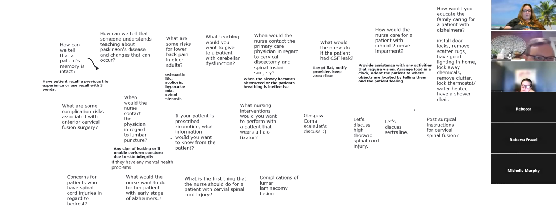So if we're thinking about Parkinson's disease, we worry about swallowing, right? Yeah, we were talking about that. Would we want to have them positioned at a certain position when they're eating so that they wouldn't aspirate? 30 degrees or greater.